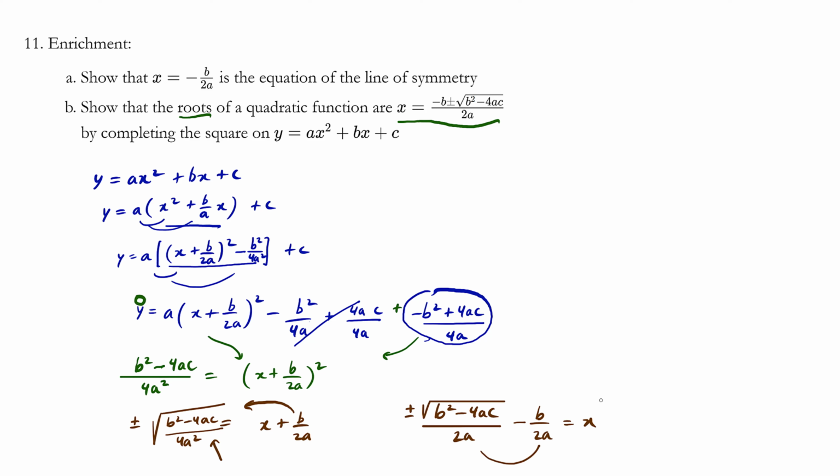And notice the common denominator, so we can put it all together. We're going to say that x is equal to minus b, that's this part over here, the numerator, plus or minus the square root of b squared minus 4ac all over 2a. And there we have it. We have the quadratic formula. So for enrichment, can you prove these equations?